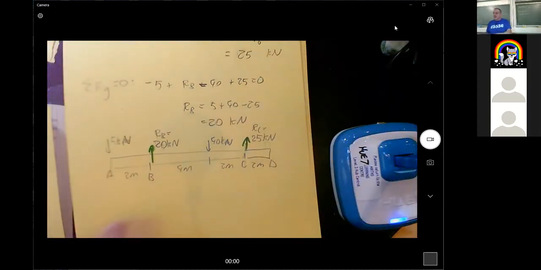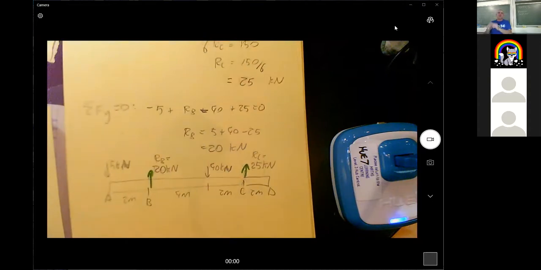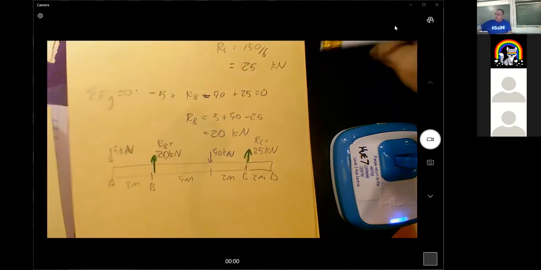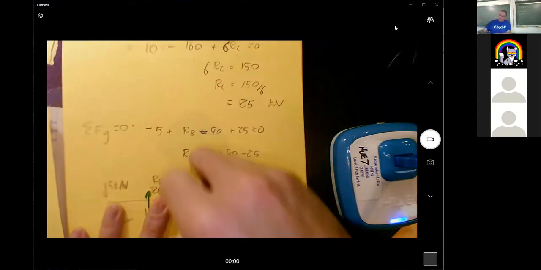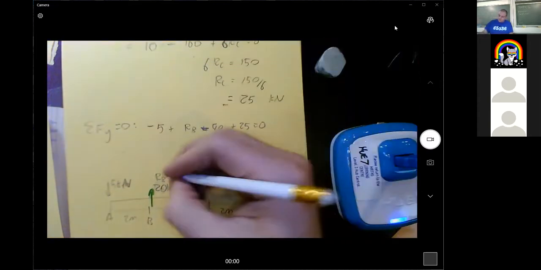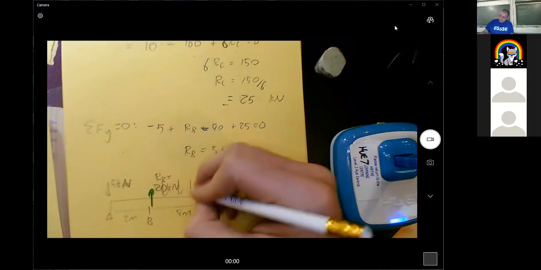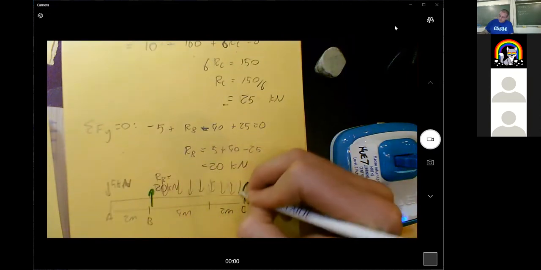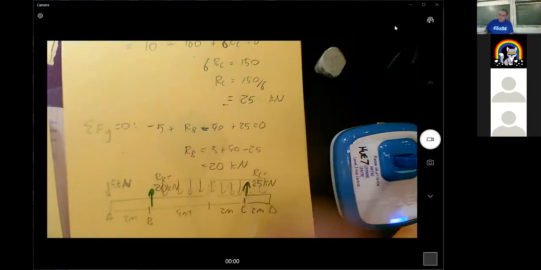Awesome. So I can put this 40 kilonewtons distributed loading back again as a distributed loading to draw my shear force diagram. Still there.